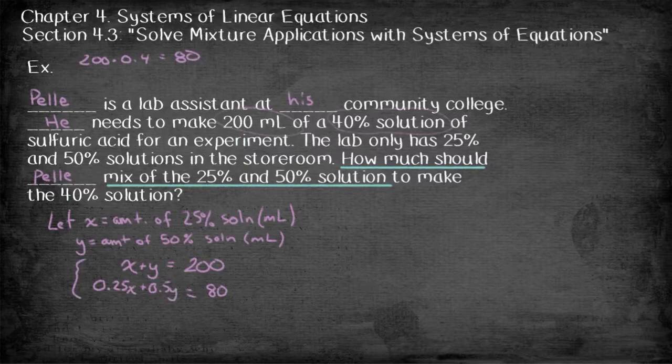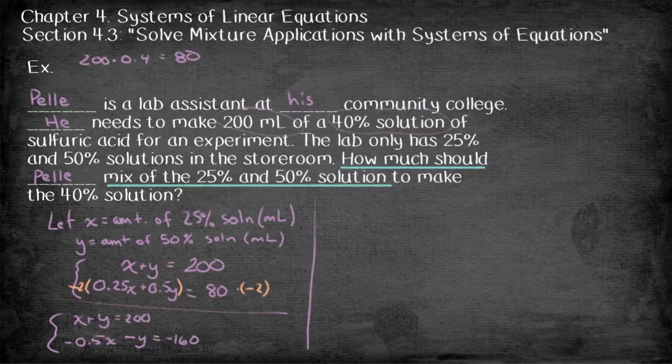I'm going to solve this by elimination. So I know that if I multiply the bottom equation by -2, then the y coefficients will be opposite. Then I'm going to add my two equations together.